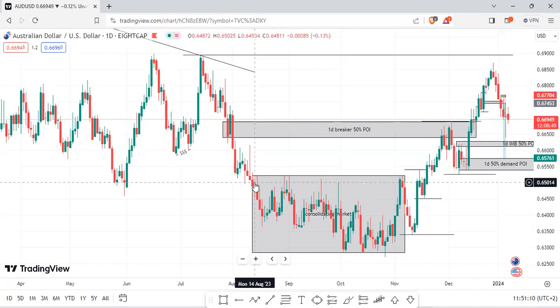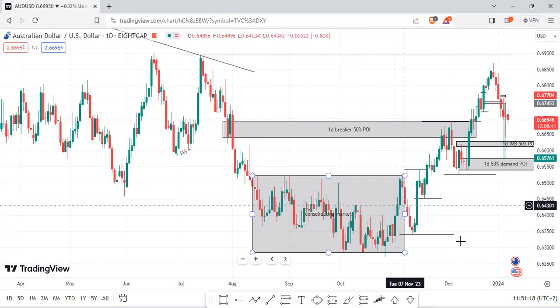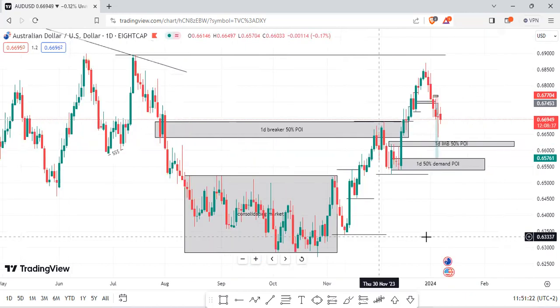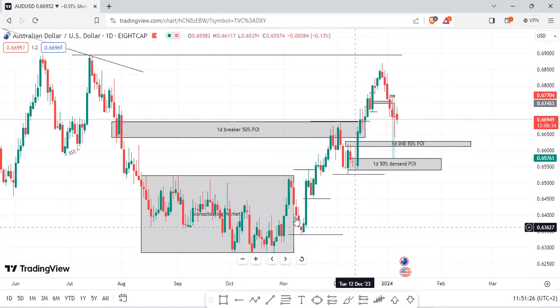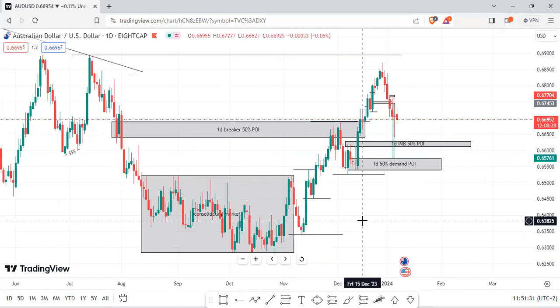And yeah, we had this consolidating market from 14 August all the way to like 6th of November. That was a very, very long period of consolidating, like months of consolidating. And then we came here, we found structure, and then we started trending. Now, once we started trending, you'd notice something.